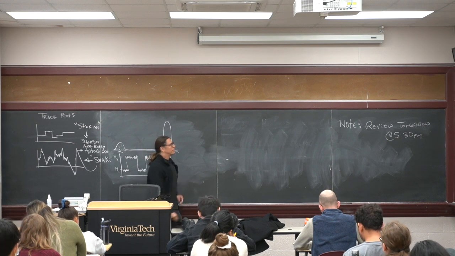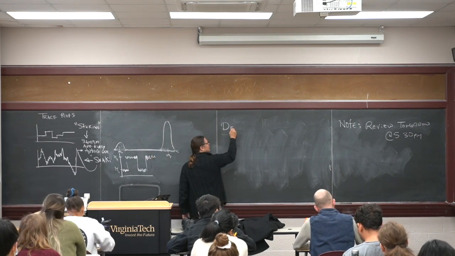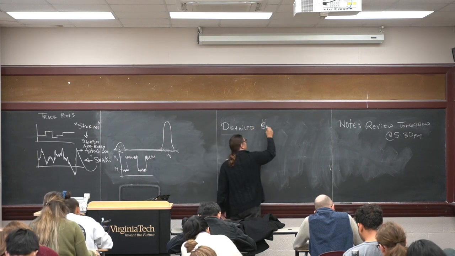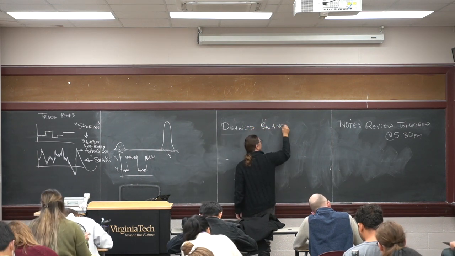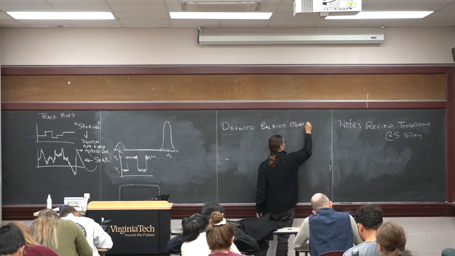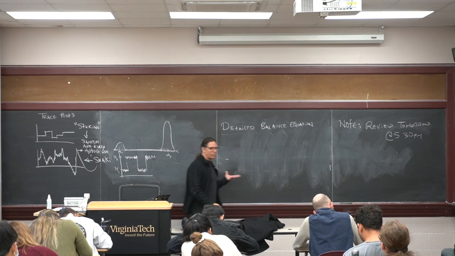Okay, this is called the detailed balance equation. So consider a Markov process.